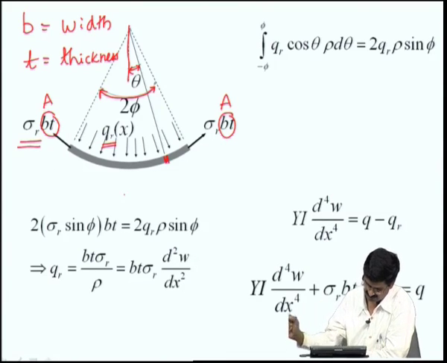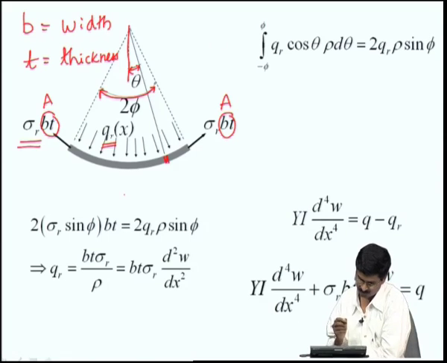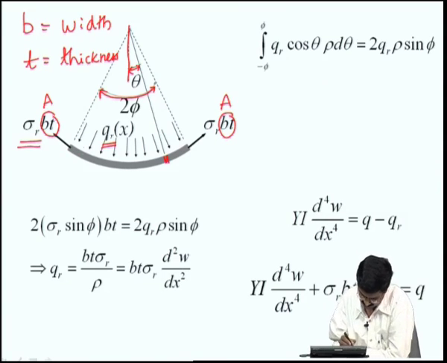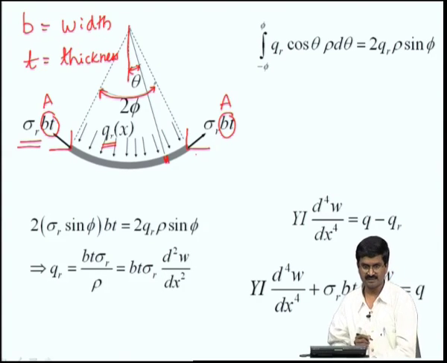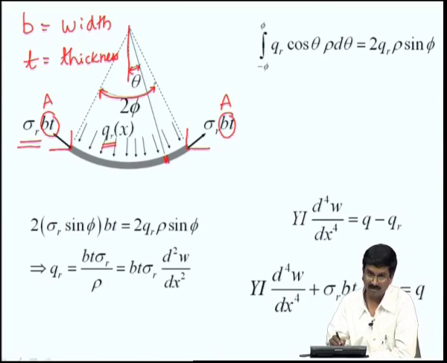First, let us look at what happens to the components due to the sigma r. The way the direction is, so this sigma r, this direction is like that, if I take a horizontal component and vertical component, the two horizontal components get cancelled, whereas the vertical components do not get cancelled, they add up and show up as this.